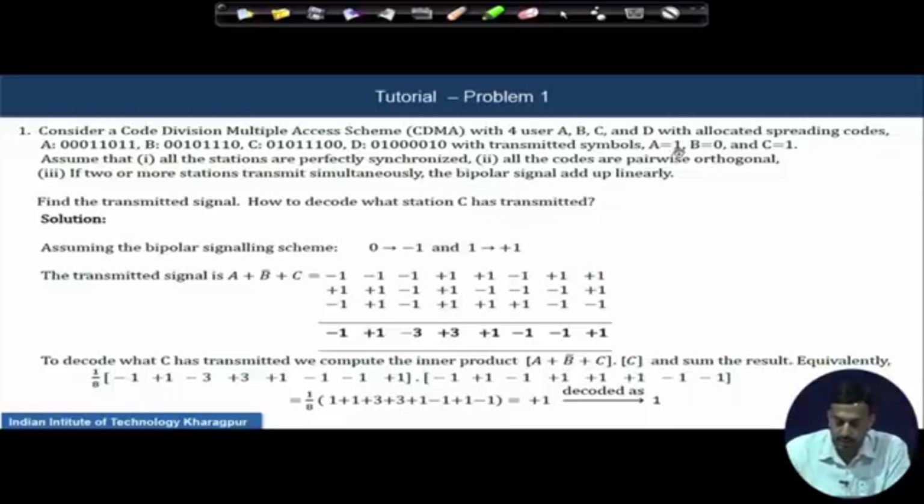if we have a bit 1 transmitted by user A, it is going to be spread with the corresponding code of user A, which is an 8-bit sequence, as you can see here. B transmits a bit 0 with another 8-bit sequence, and C transmits a bit 1 with the corresponding 8-bit sequence shown over here.